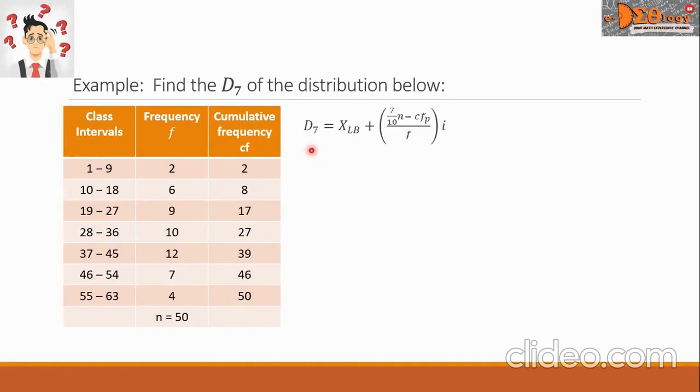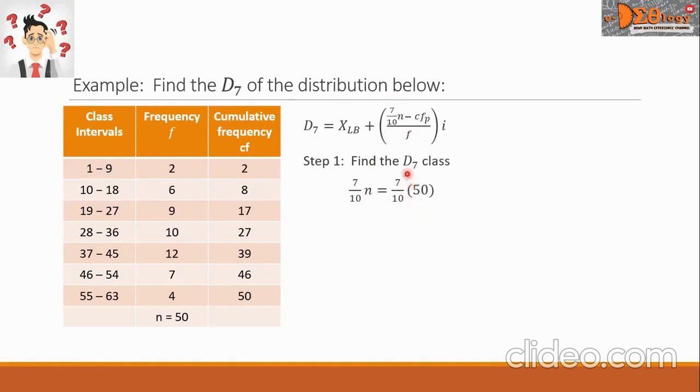Now let us write the formula for the d sub 7. Now for step 1, let us find the 7th decile class. Let us compute for this value, 7/10 times n. Substituting the value of n, we have now 7/10 times 50.